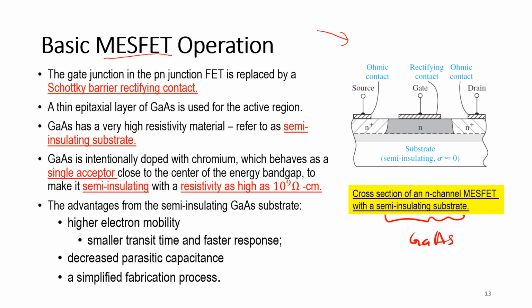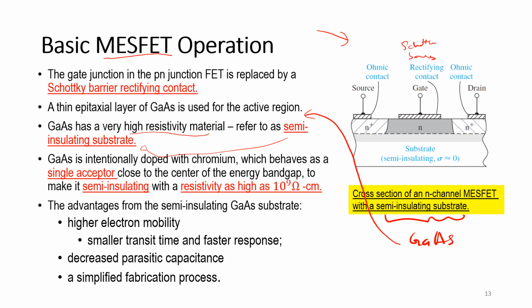Gallium arsenide is used as the active region, and it is a very high resistivity material, referred to as a semi-insulating substrate. The difference between JFET and MESFET is that the gate is connected to a rectifying contact, which we call a Schottky barrier rectifying contact.